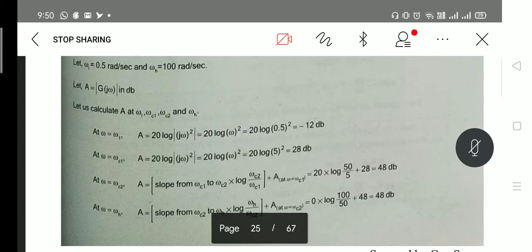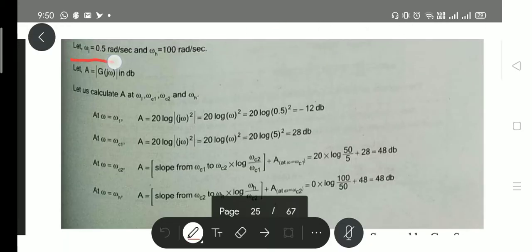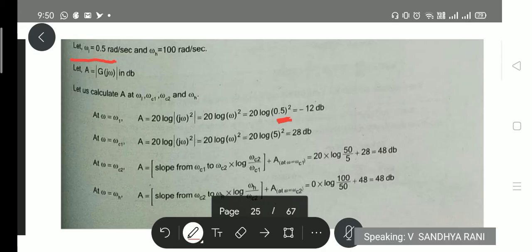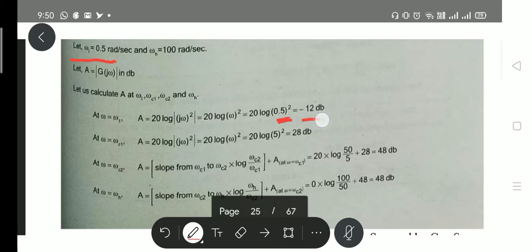In place of omega we can represent omega L. Omega equals omega L here, and the omega L value is 0.5. So substituting 0.5 whole square in place of omega, then we can find in the calculator minus 12 dB.